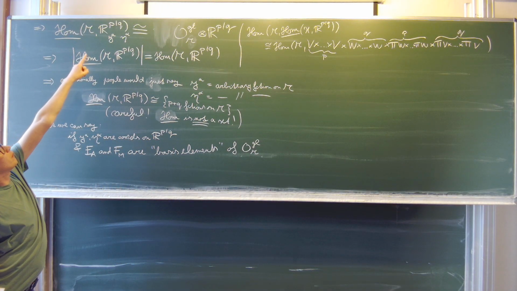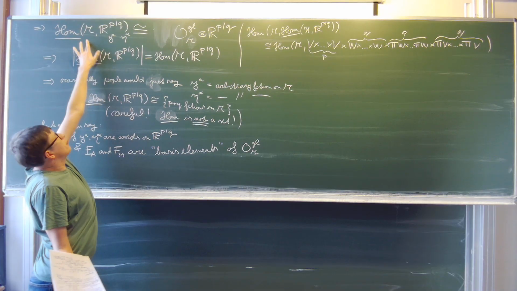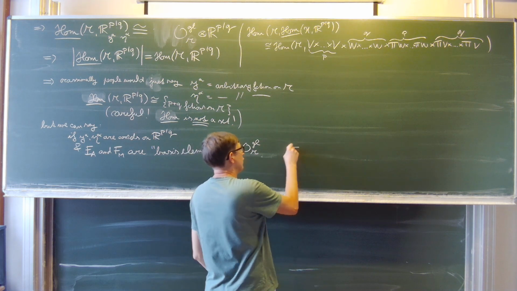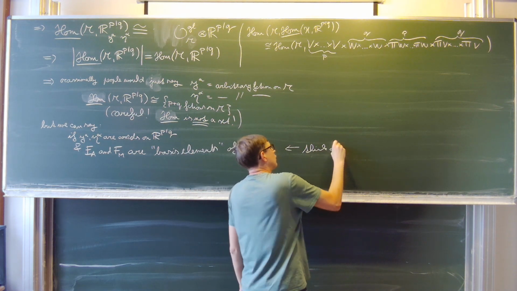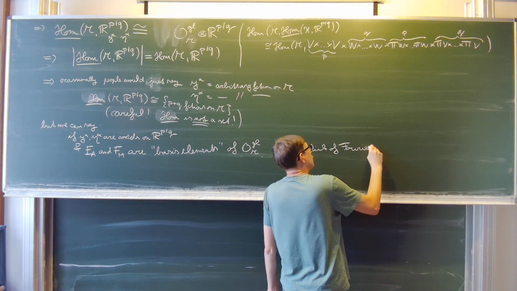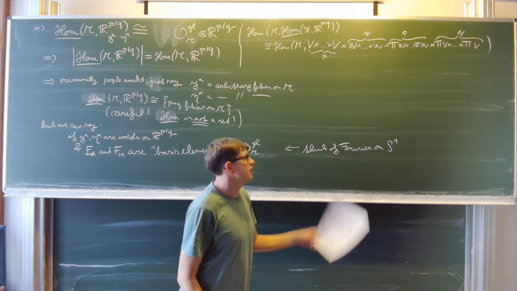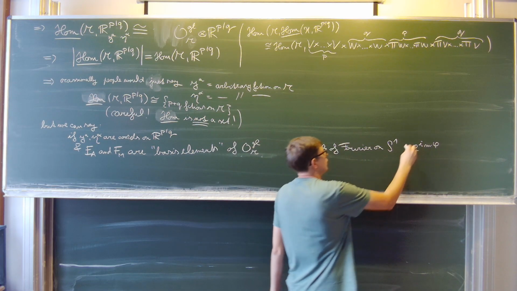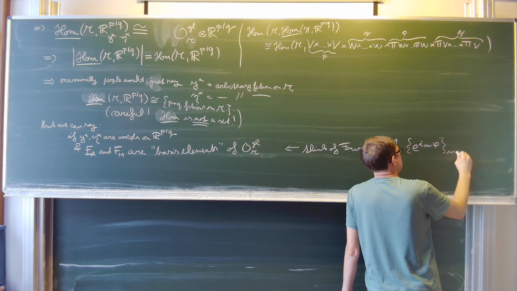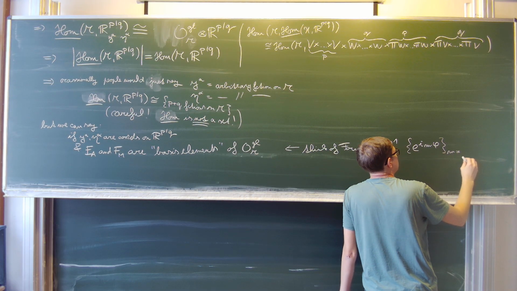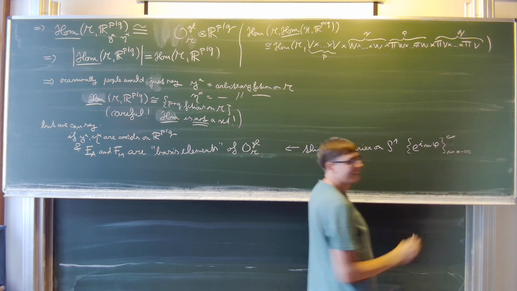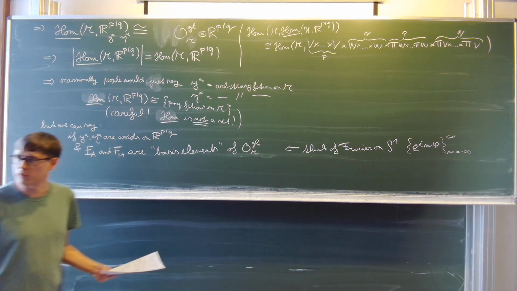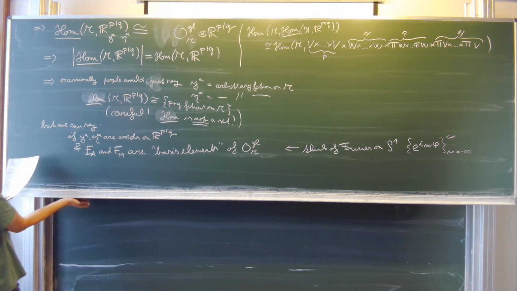I take coordinates here, and here I take the basis of all functions, which are different things. If you like, you can think of Fourier series on a circle. So you have the basis of e to the i m phi, where m goes from minus infinity to infinity or something. That's a basis in a suitable sense.